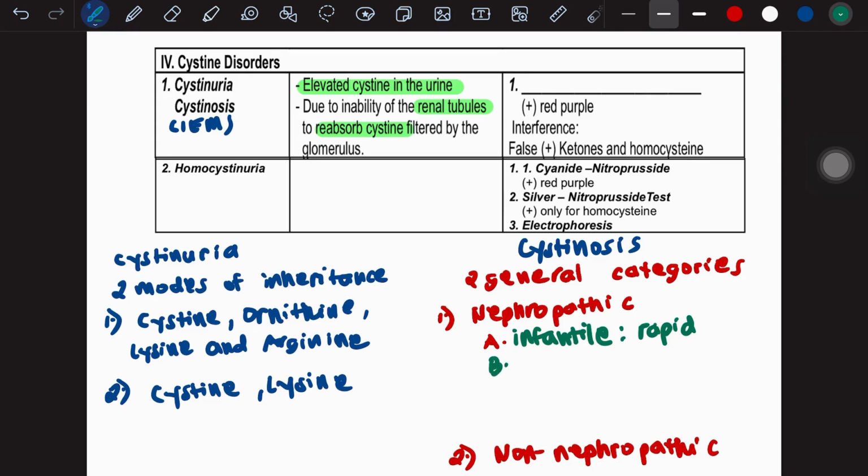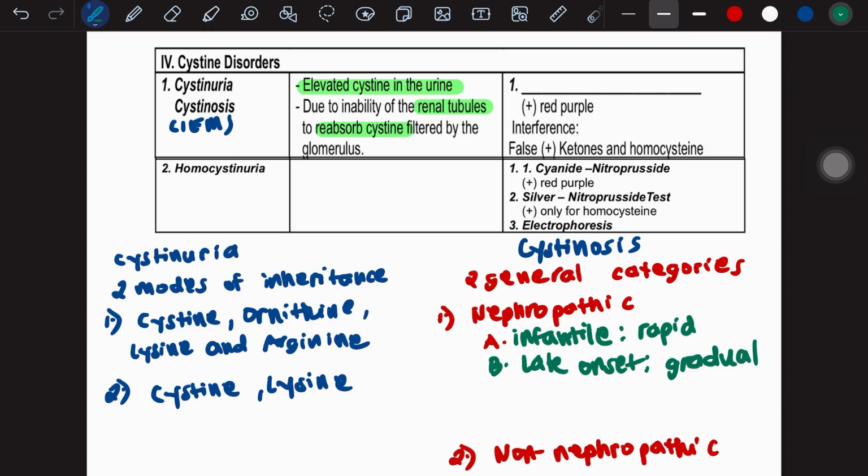What about your late onset? So in your late onset, there is a gradual progression to total renal failure. So those are our categories of your nephropathic cystinosis.